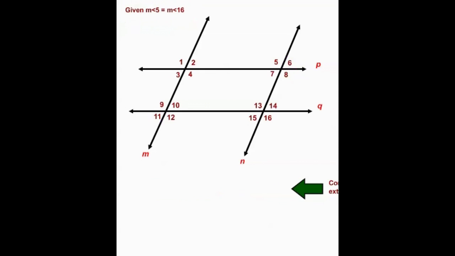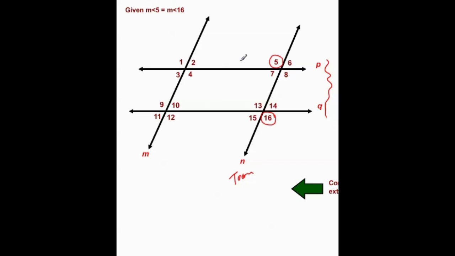Our last example. We're given measure of angle 5 is equal to the measure of angle 16. So here's 16, and where's 5? So measure of angle 5 is equal to the measure of angle 16. Well, here's my transversal N. And that crosses these two lines, so these are the two lines in question.